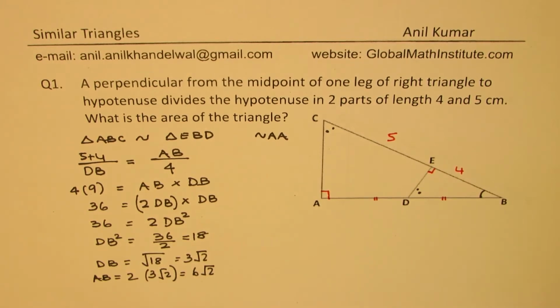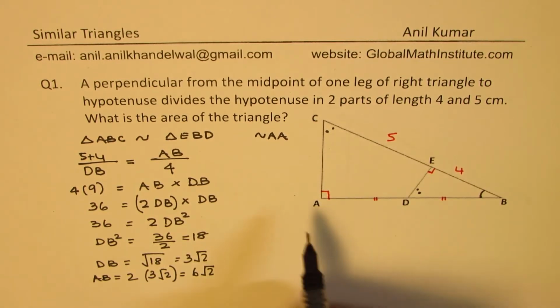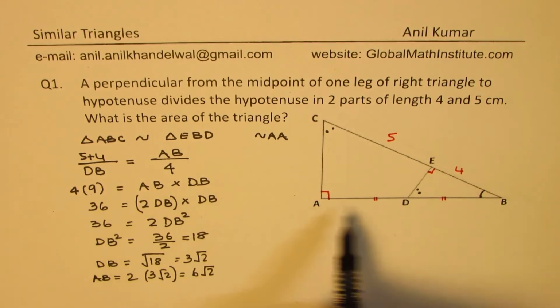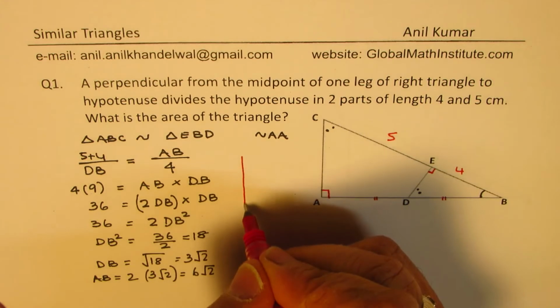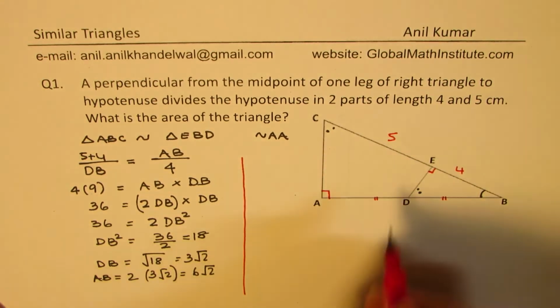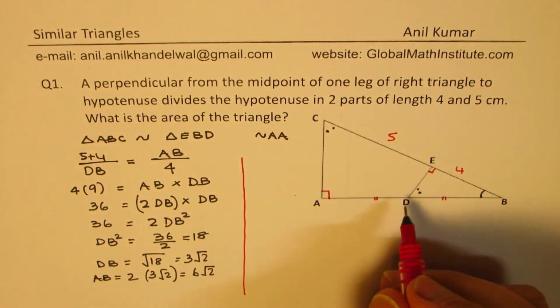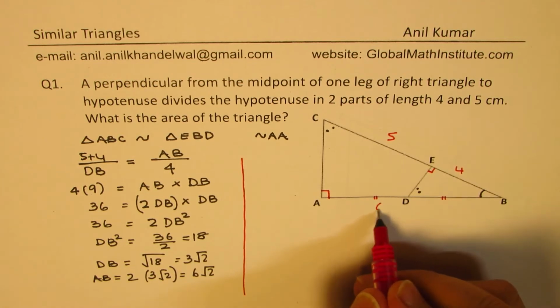Perfect, so we get AB. Now we know the base, we can find the altitude. This we have found to be 6 square root 2.